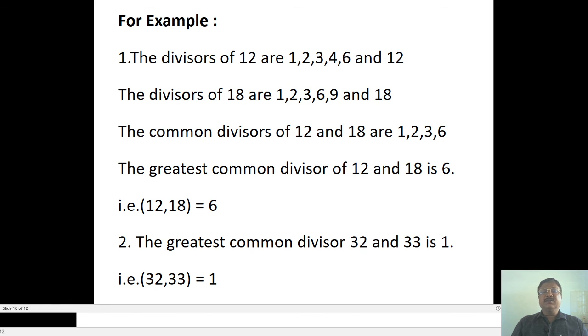Now the greatest among them is 6. So the GCD of 12 and 18 is equal to 6. Now the greatest common divisor of 32 and 33 is 1 because they are co-prime numbers.